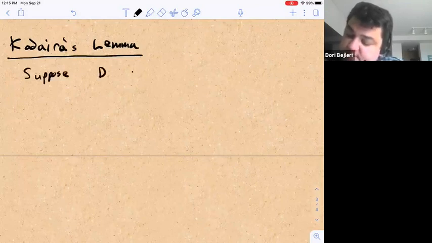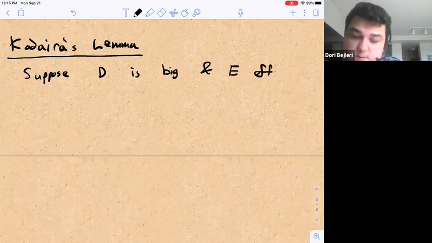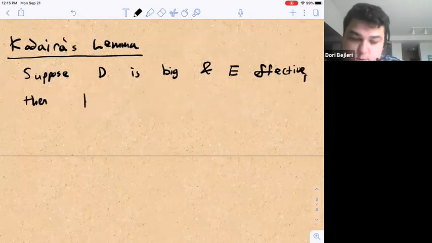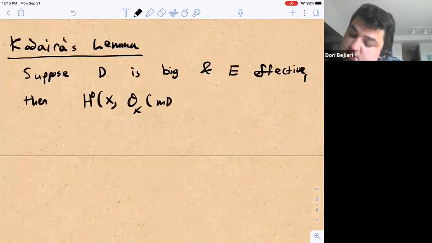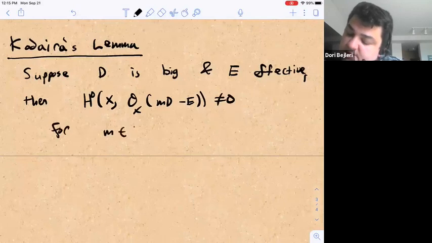Suppose D is a big divisor and E is effective. Then the global sections of mD minus E are non-zero for m large enough in the semigroup.